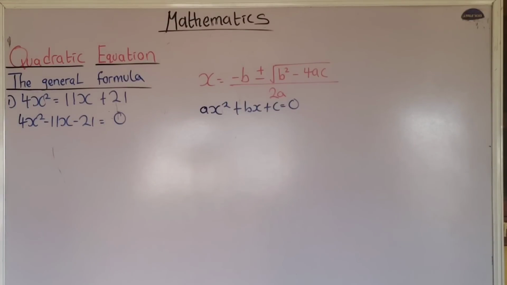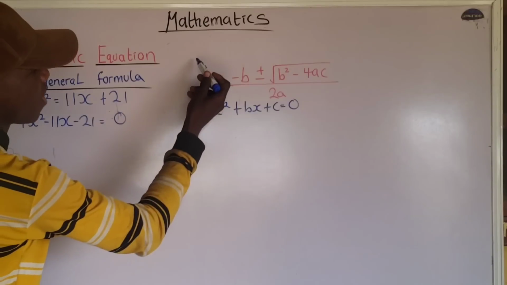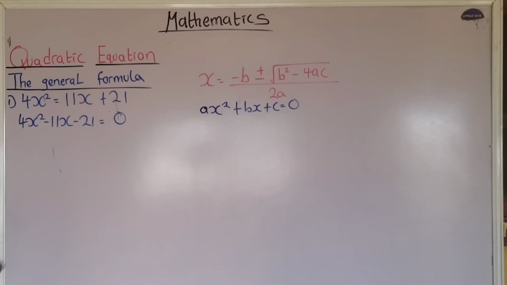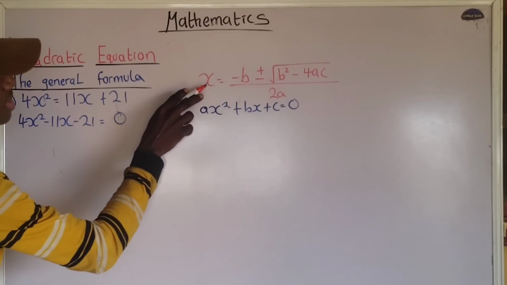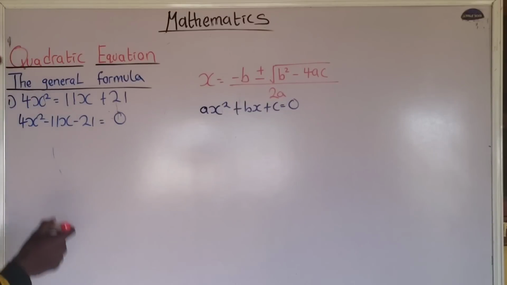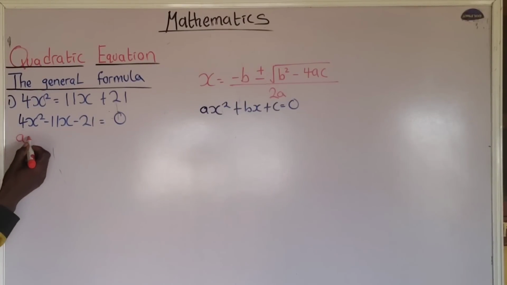Okay, now the next step is that, don't forget that the general formula of a quadratic equation is this. So I'm going to identify my A, B, and C. In this quadratic formula, we have A, B, and C. A is the coefficient of x squared.